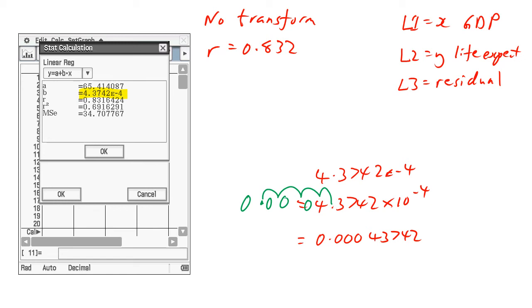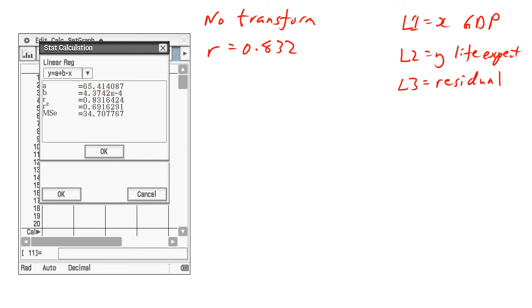I just wanted to point out that to 3 decimal places you get 0, whereas 3 significant figures is quite different. Scientific notation, look at my other videos about that, but I just wanted to show that these things pop up in your calculator, don't ignore them. Okay, back to the maths.